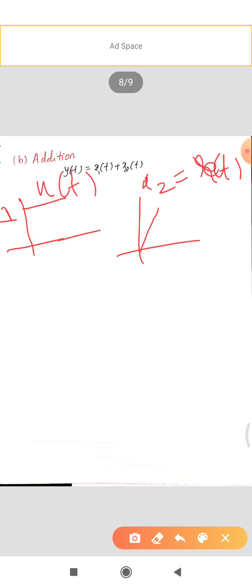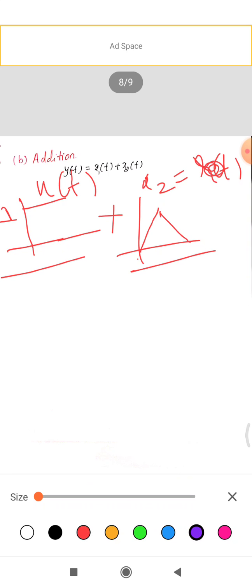I'll give you x2 directly as this signal. Now we have to add these two. This is a unit step and this is the triangle. I'll mention this is at 0, the maximum is at 1 and this is at 2. Its magnitude is 1. Now we have to add these.